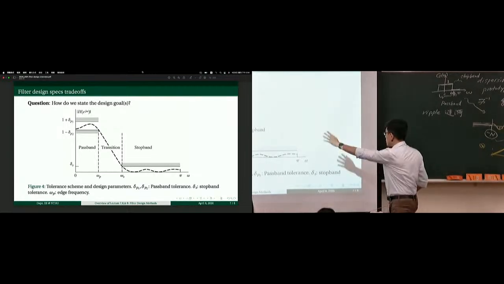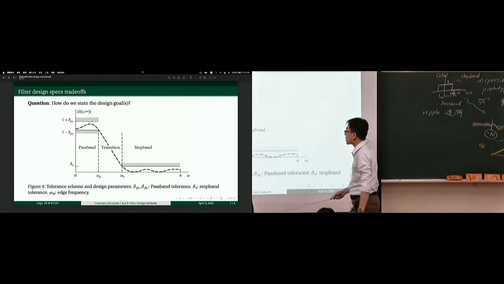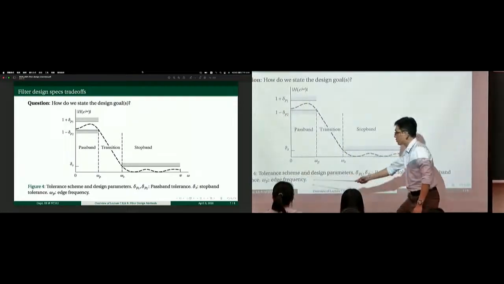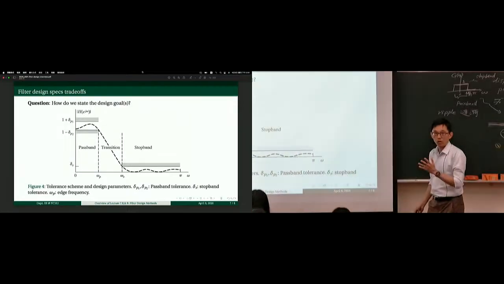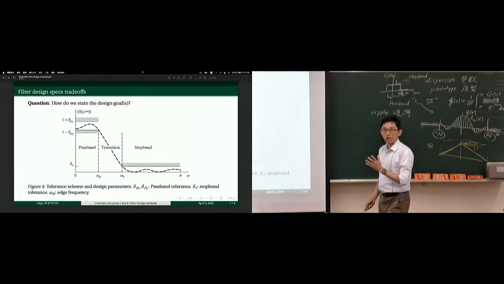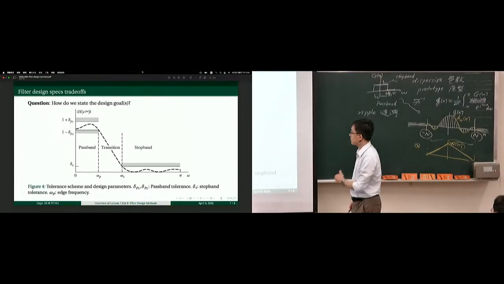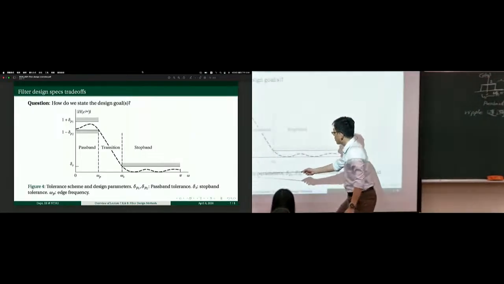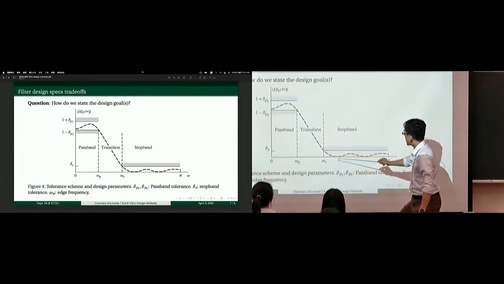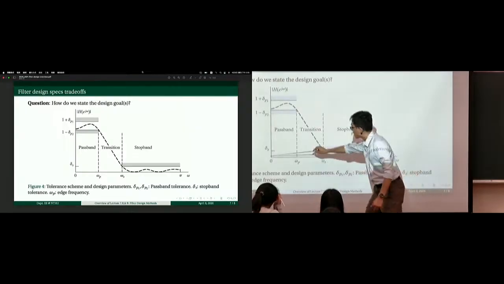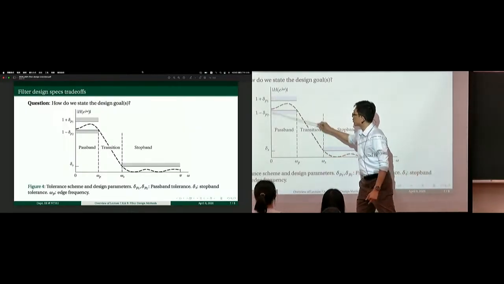So now this entire picture is called a tolerance scheme. It's all about to tolerate. 忍受, 承受, we can tolerate some error, some degree of being not perfect, okay? We can compromise, we can tolerate. So this is called a tolerance scheme, with the edge frequencies as well as the magnitude of the maximum ripple we are about to accept.